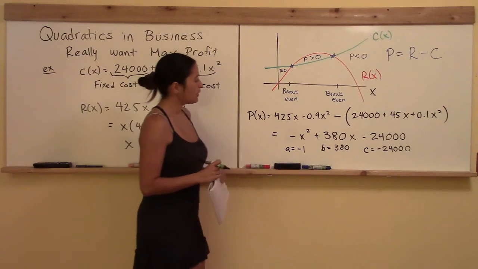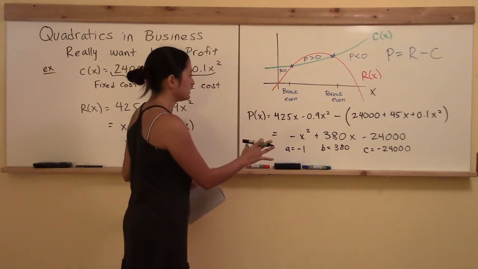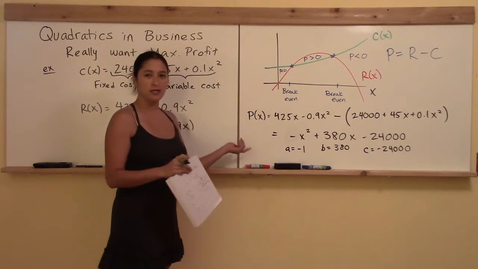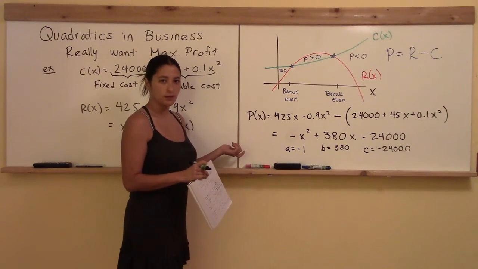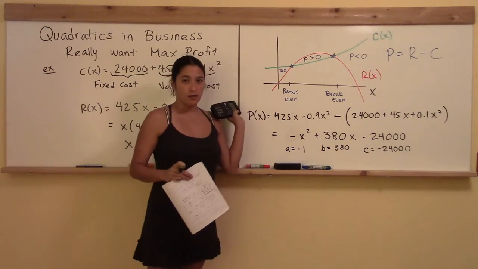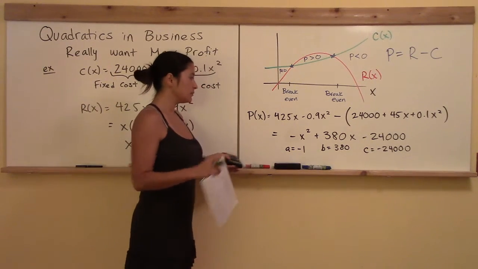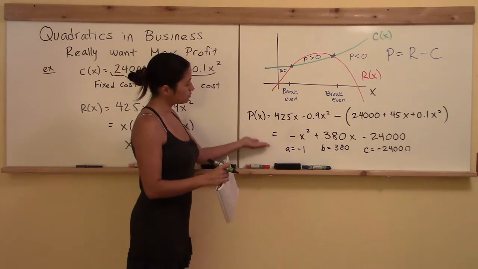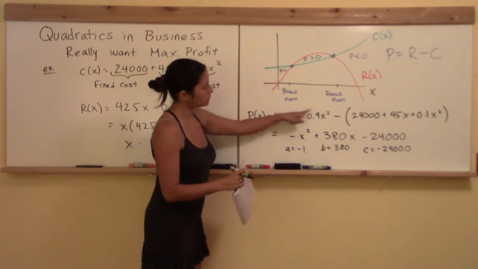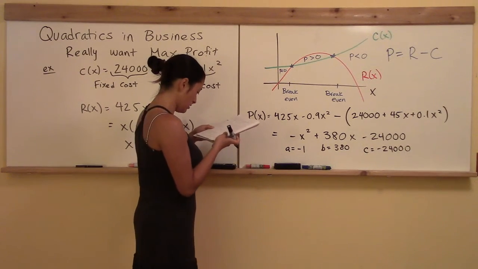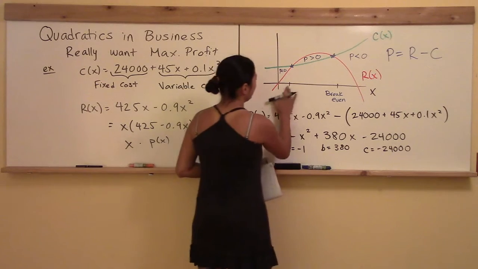Now we have our A, B, C, and if we wanted to, we could plug them into the quadratic formula. Do you have the quadratic formula handy somewhere? Do you have your calculator handy? Take the A, B, C, plug it into the quadratic formula, and then you should be able to locate the x values at which the break-even points occur. Did I do that? Yeah, I did do that.